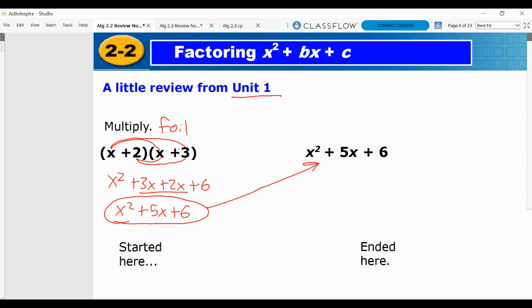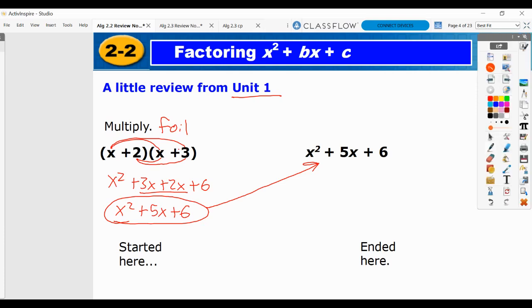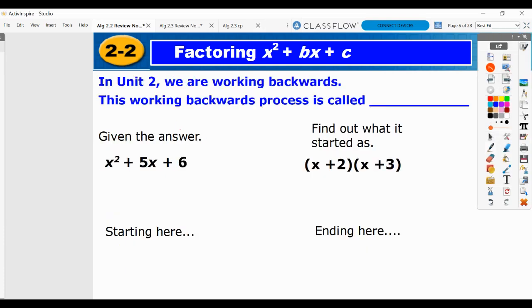In Unit 2, it's all about working backwards. What we're up to in Unit 2 is now they're giving us the answer like this right here, and now we're trying to work backwards to figure out what did it look like before all the multiplication took place.